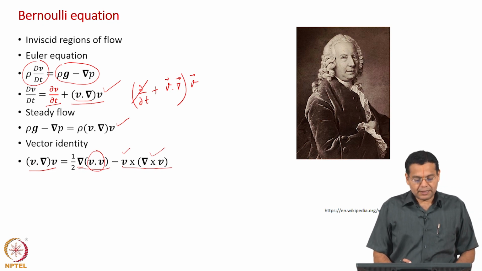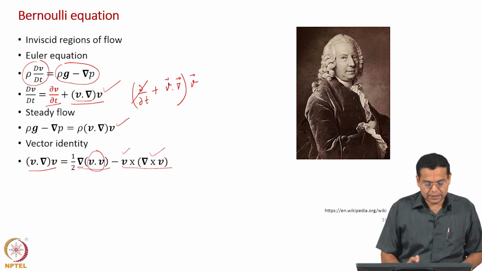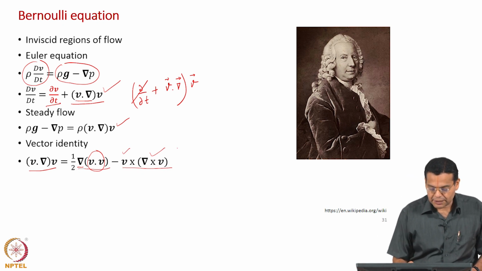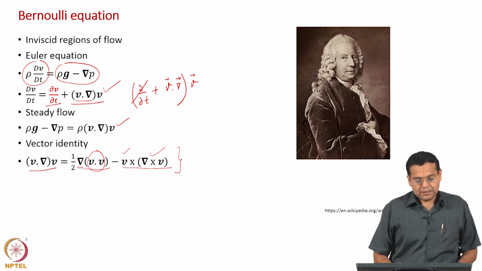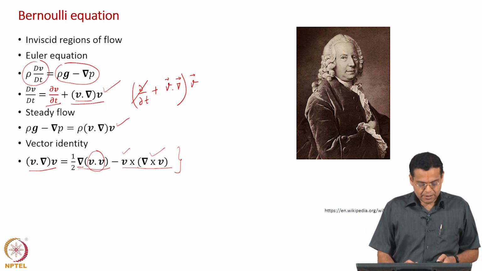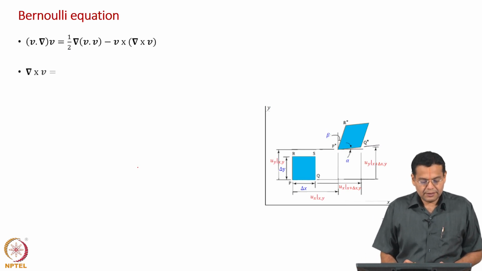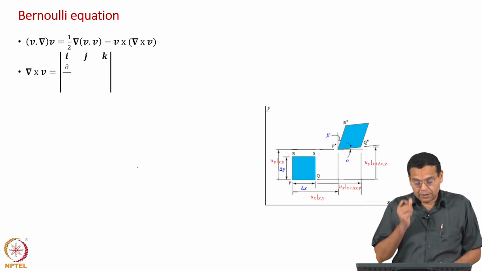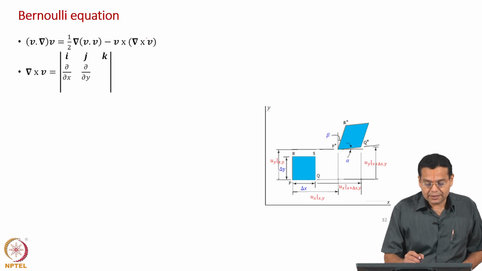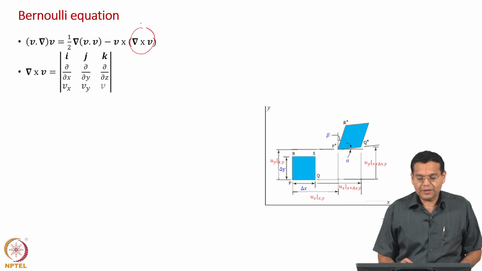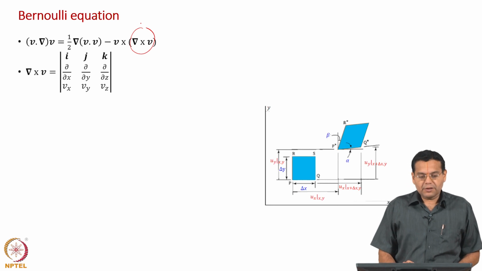So, the convective acceleration term is going to be expressed in terms of the right hand side of this vector identity. Okay, so let us do that. That is a vector identity. Now, what we will do is let us try to understand this del cross v, which is well known to you.